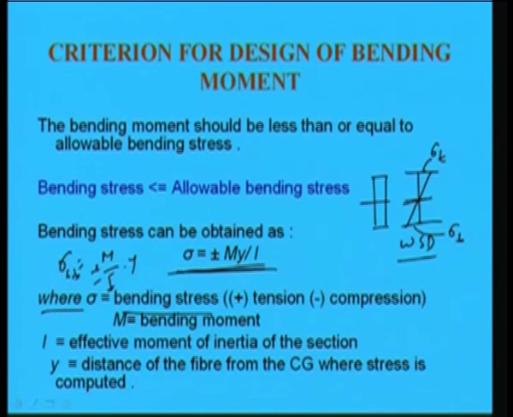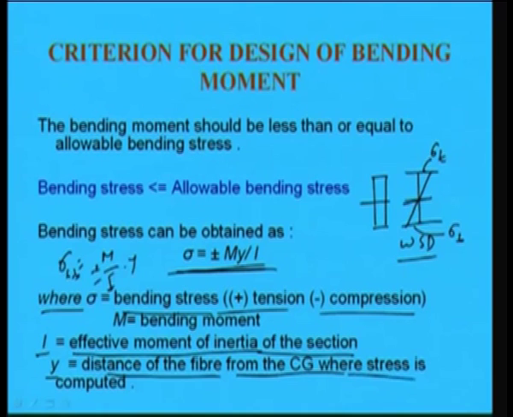So, in this way we can find out sigma, the bending stress. We are considering plus in tension and minus in compression, or the reverse also we can consider, it is up to us whether we are going to assume compression as plus or minus, right. I is the effective moment of inertia of the section and y is the distance of the fiber from the CG where stress is computed.